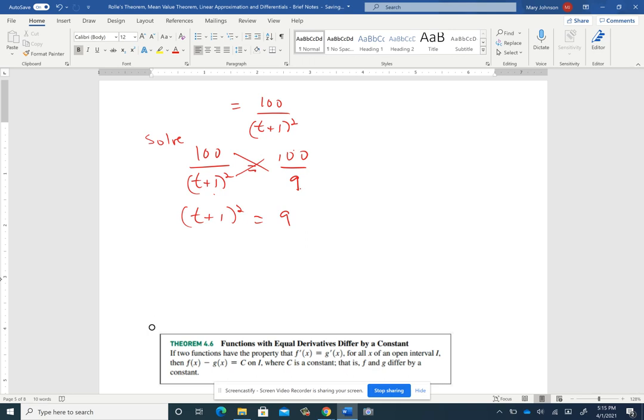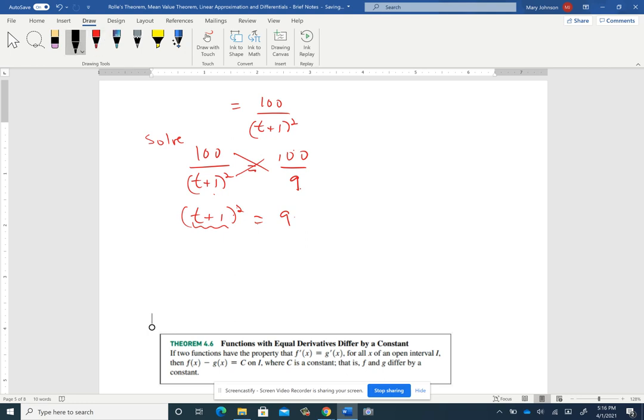And then do you remember how to solve things like this? This is a quadratic. You got something squared equal to a number. So we can undo that by taking the square root of both sides. When you do, don't forget there's both a positive and a negative square root. Okay, so this is the square root of t plus 1 squared equals positive or negative square root of 9.